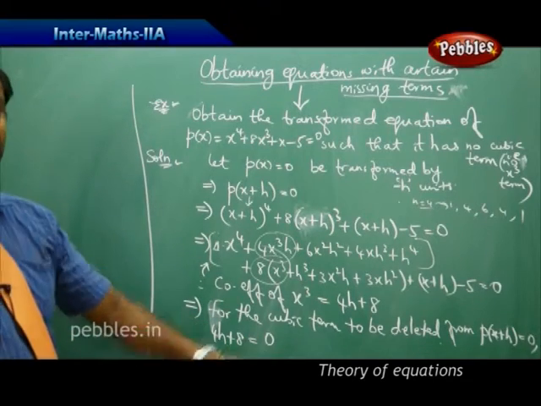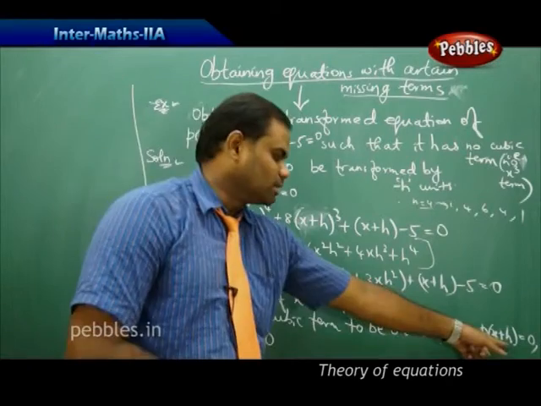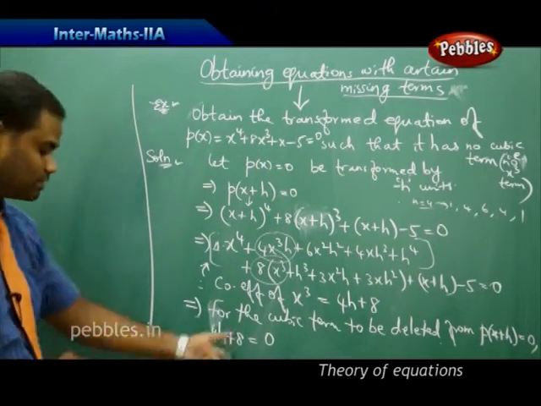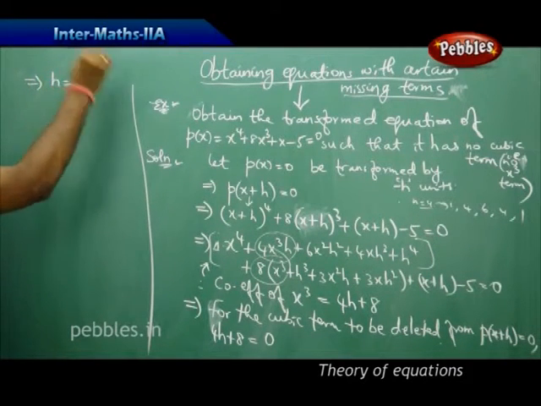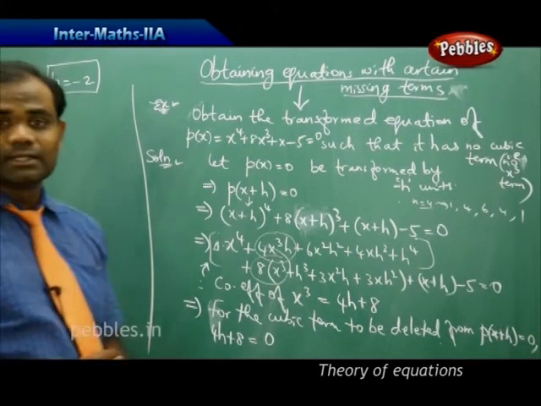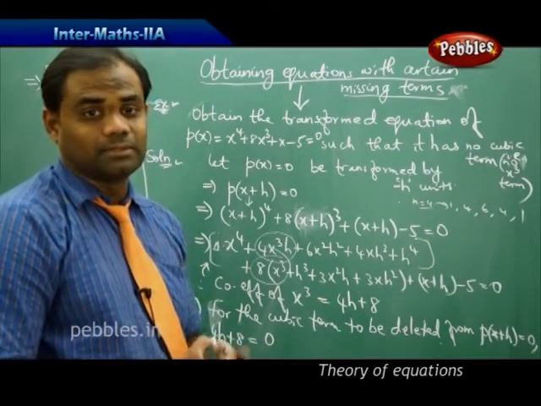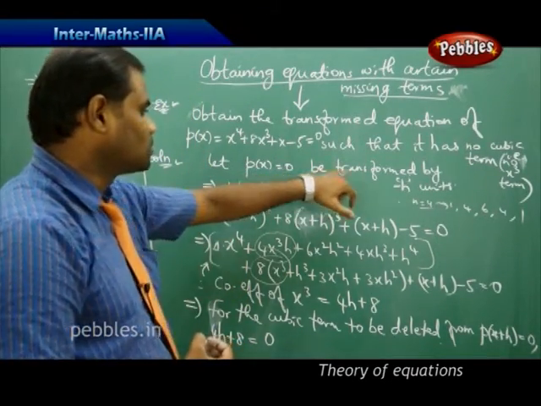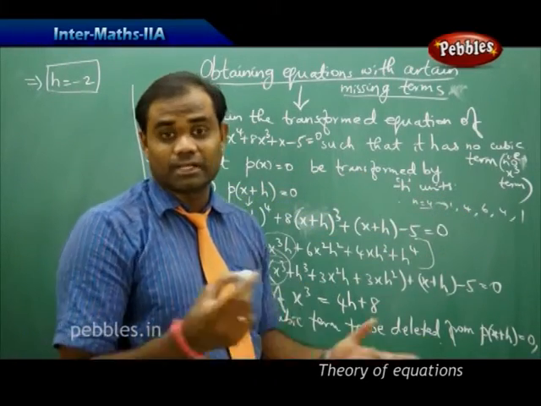I need to equate this equal to 0, from which I get the value of h. Now 4h plus 8 equal to 0 implies h equals -2. So this is the value of h, which gives me the new transformed equation without a cubic term. That is, when I transform the polynomial equation p of x equal to 0 by -2 units, I get a new equation which has no cubic term.